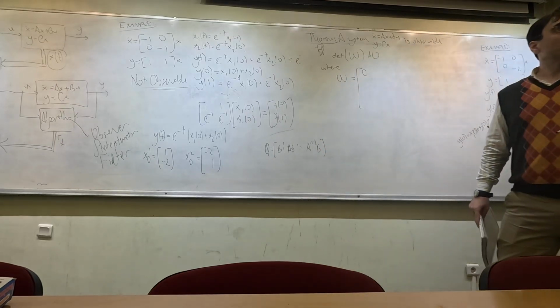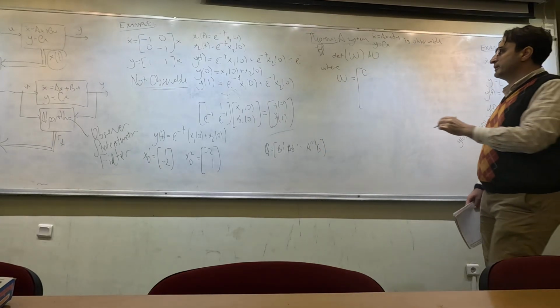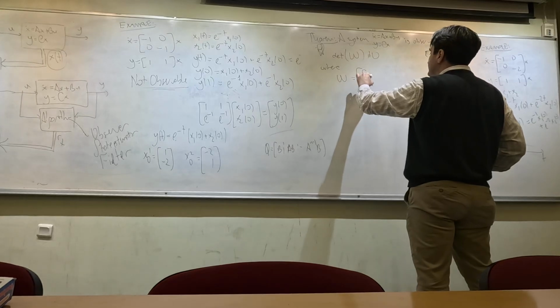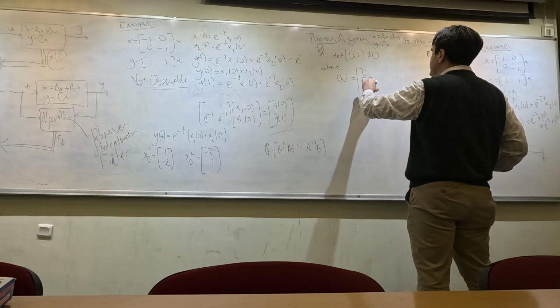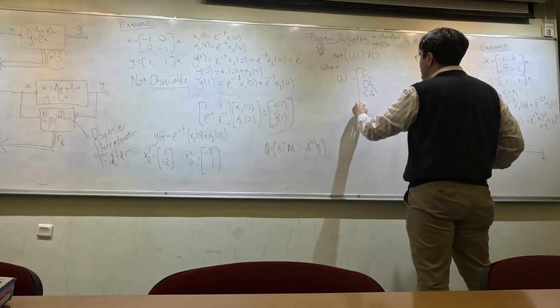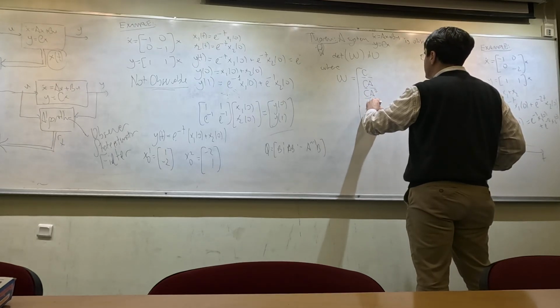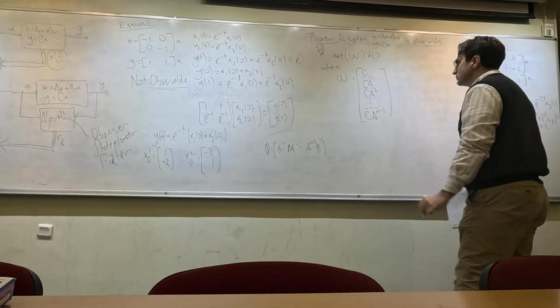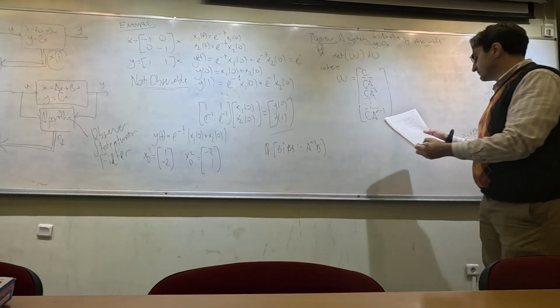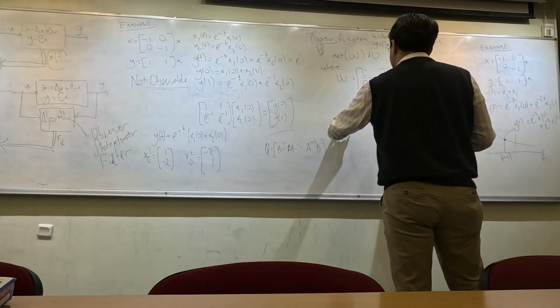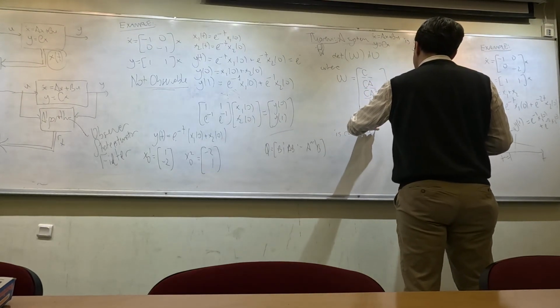You form the first row with C, and the second row is going to be CA. The third row is CA squared, and these are going to continue until CA to the power n minus 1. Okay? This matrix W is called the observability matrix.